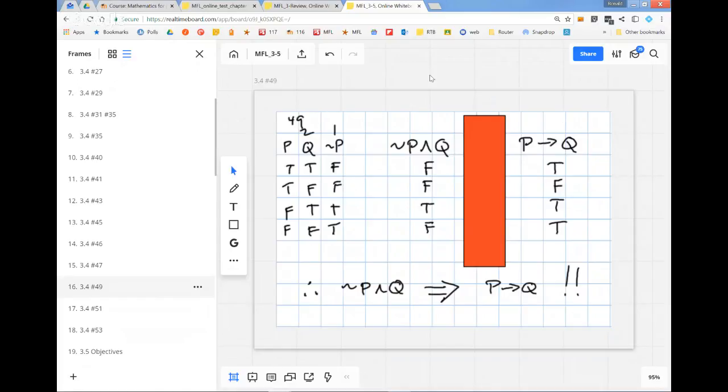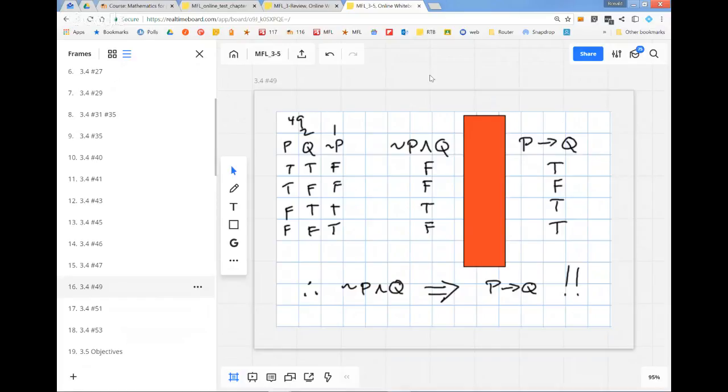First of all, I have to figure out the truth table for each of those two statements. For not P and Q, I got false, false, true, false. For if P, then Q, I got true, false, true, true. So are they equivalent? No. That's correct, so that's out.